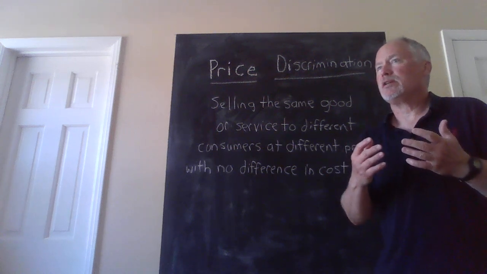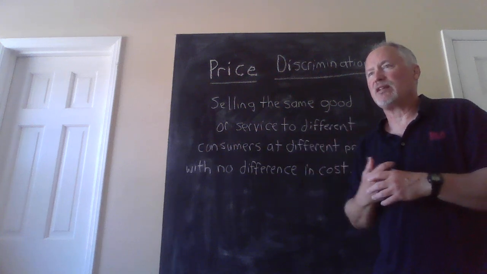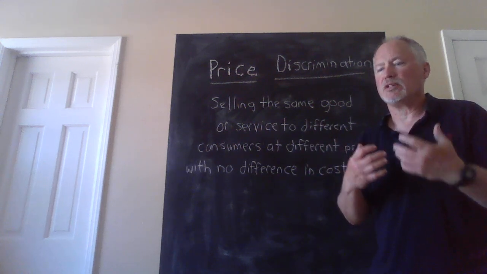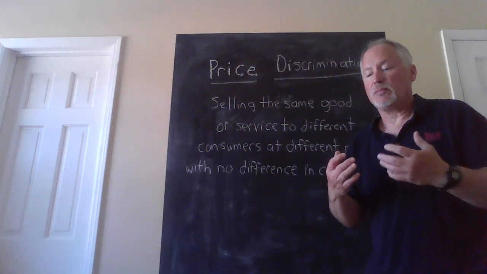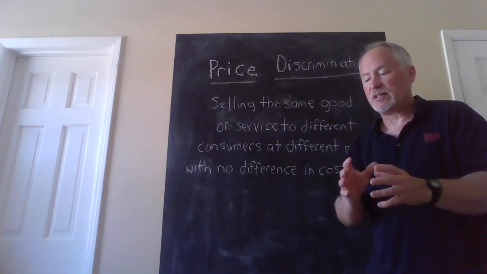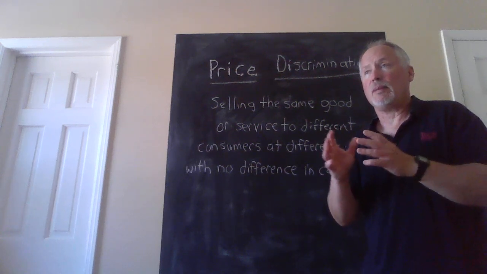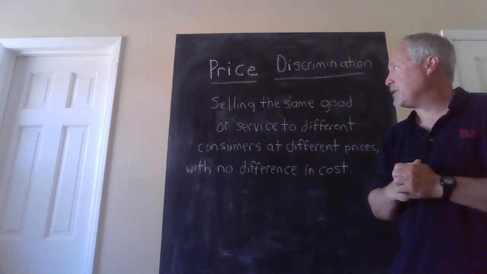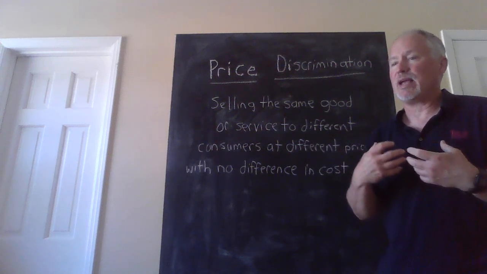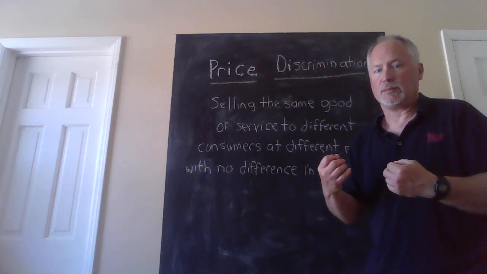We're using the term discrimination here, which has a lot of negative connotations, but in economics we're using it in the very basic sense of the term, to differentiate, to treat people differently. In this case, what we mean is selling the same good to different consumers for different prices.